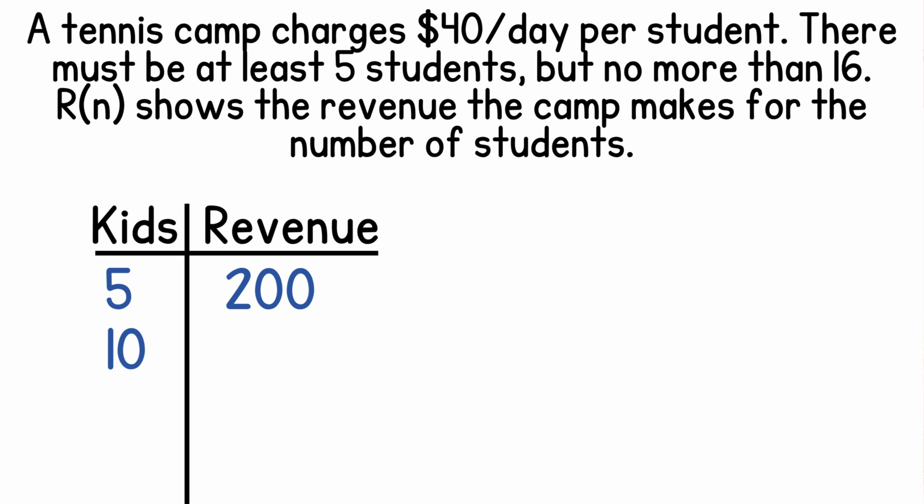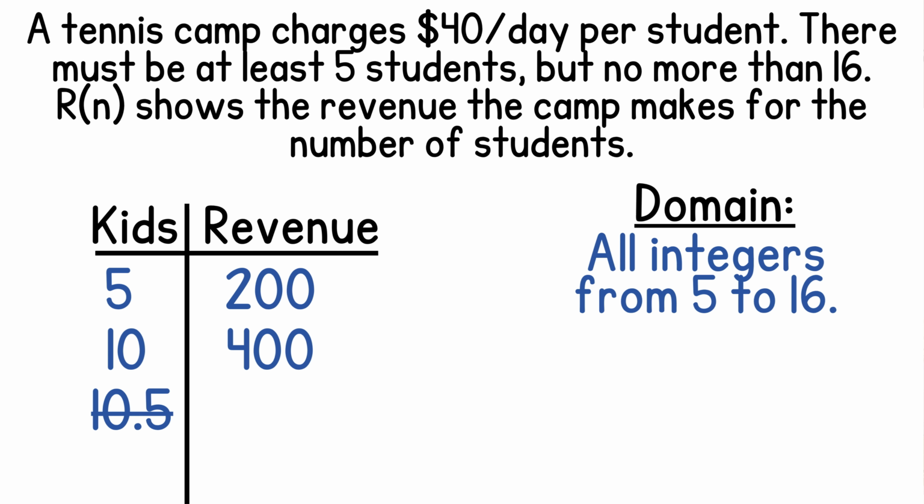If we have 10 kids and we multiply it by $40 a day, we'll have a revenue of $400. What if we have 10.5 kids? Well, we can't really have a decimal version of a kid, so decimal values will not make sense for this domain. So our domain will be all integers from 5 to 16.